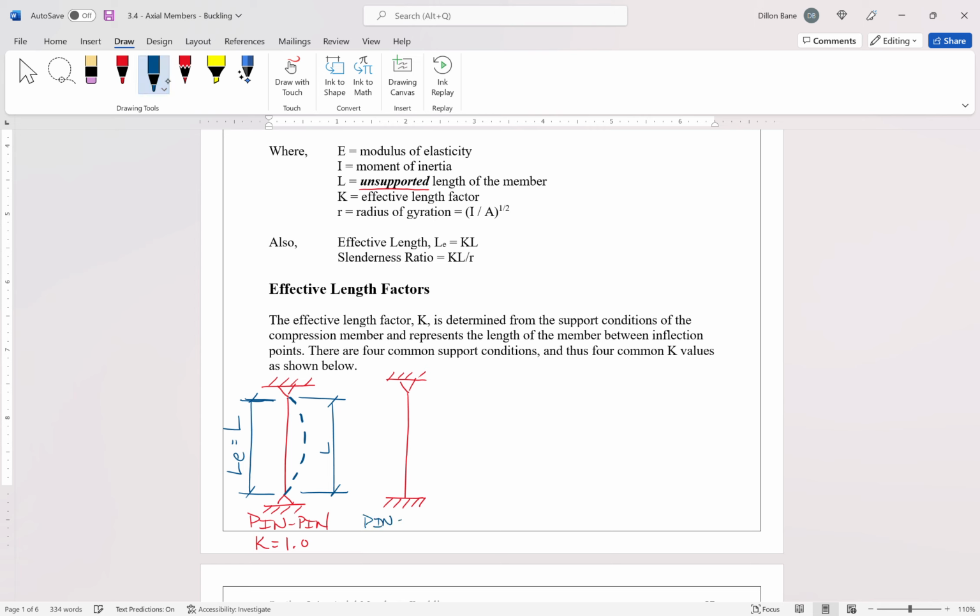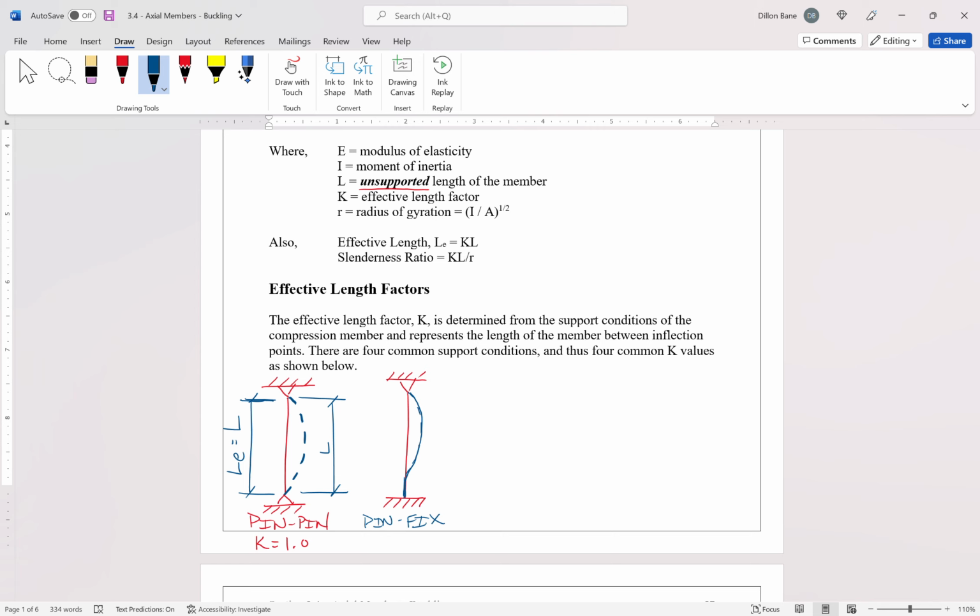I'll just write it in blue. A pin fix column. And if I were to draw the buckled shape of our column here, we know that at the top we can rotate some, but at some point we have to come back because the fixed support will not allow us to rotate at the base, right?